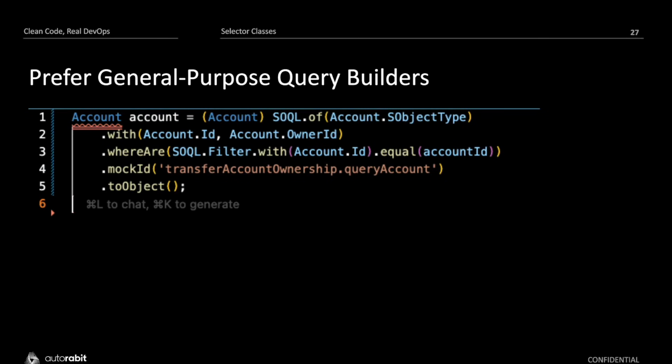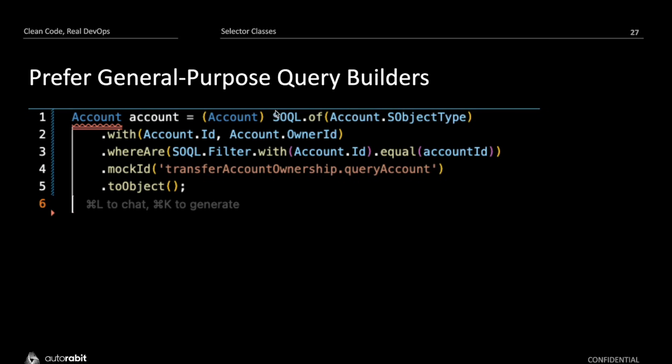So it has the same benefits in the sense that because it's an abstraction on top of SOQL, you can mock this in a test. So in fact, this library here actually has a built-in functionality to mock this during a test, which is the same benefit that you would get from a selector, but you don't get all the baggage from it.